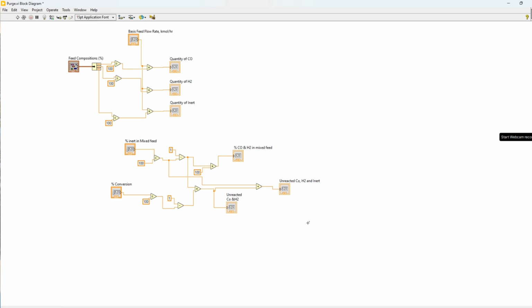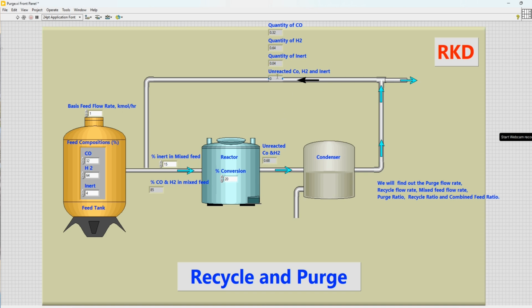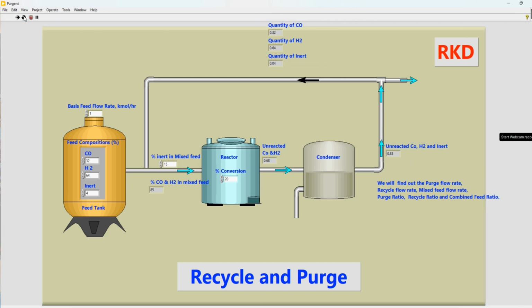So that will take out from here. So what is this value? We'll see, this 0.83. So this is leaving from this condenser.